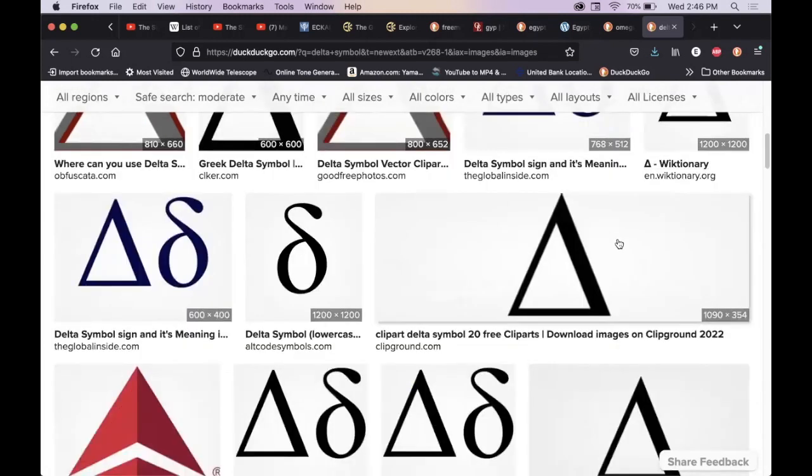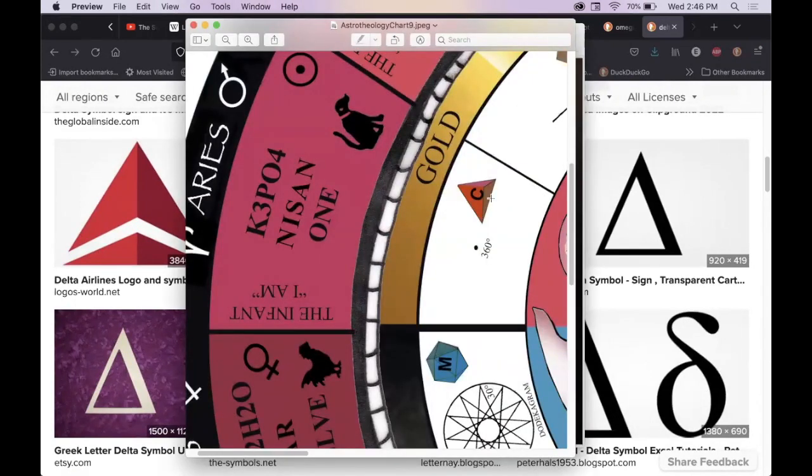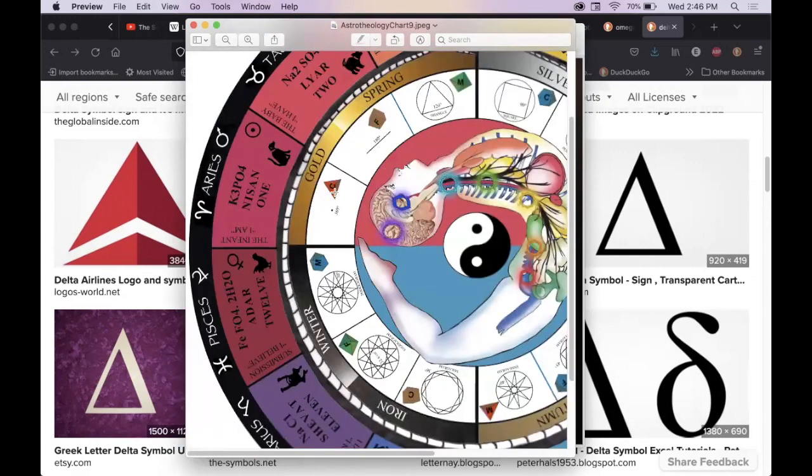So it's this. And then also, you know, we see this. This is fire. This is also represented in the astrotheology chart. What they have for delta is the fire symbol. It's represented here in Aries as the symbol for fire. Four-sided pyramid. It has the bottom and the three sides, and it is a pyramid shape.